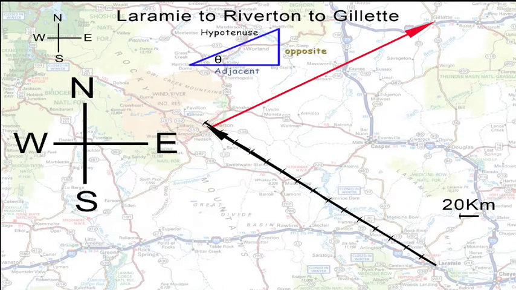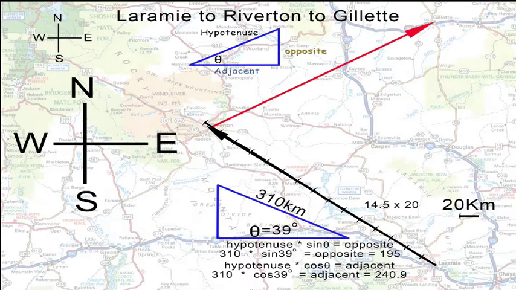Now, we've got this whole idea that we're using, which is SOHCAHTOA. And here's our Riverton triangle. It would go over this way horizontally, and then go up this way.